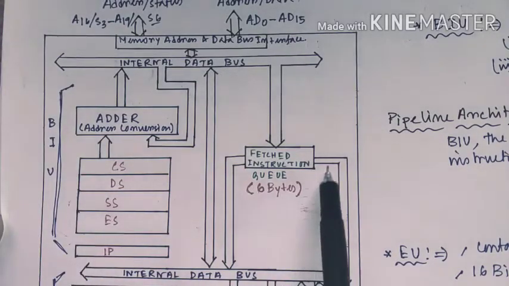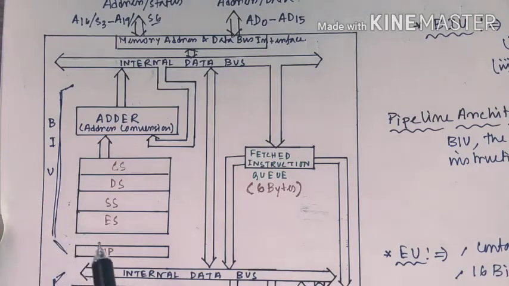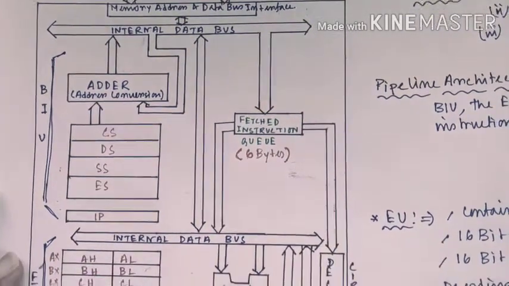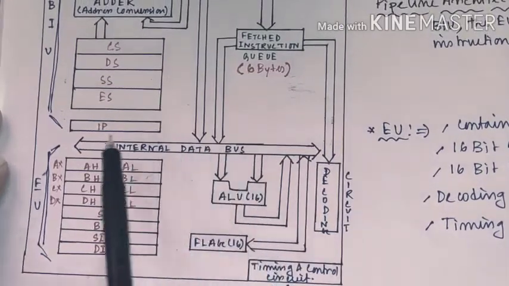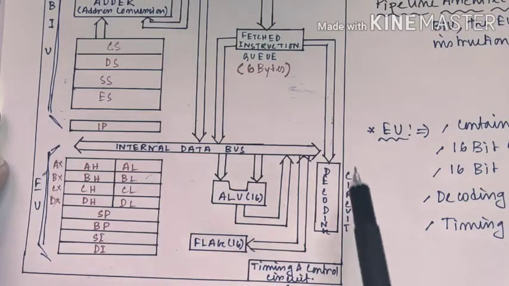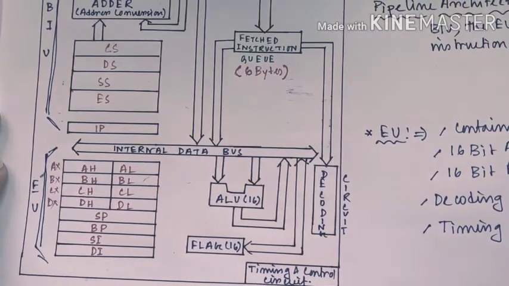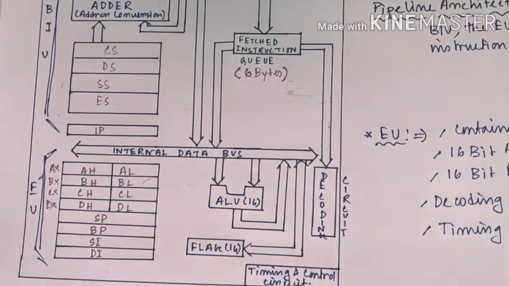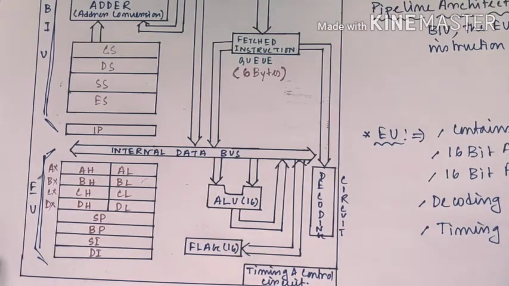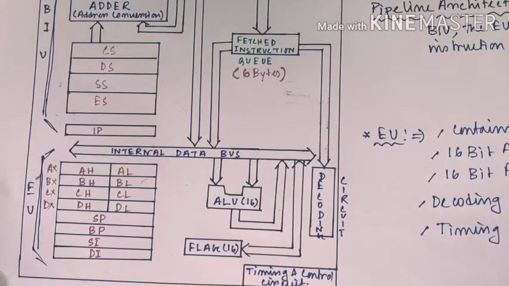So this region is basically the BIU of 8086 microprocessor, and the latter part is the execution unit, EU. So what are the features of BIU and EU, what is the function of these two different parts, and why they have been segregated into two different parts, everything will be explained here.